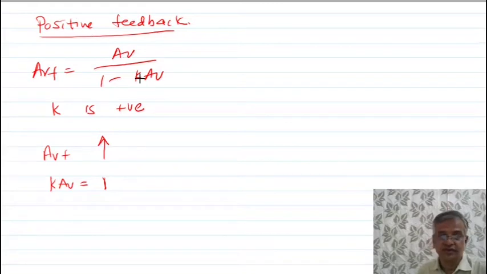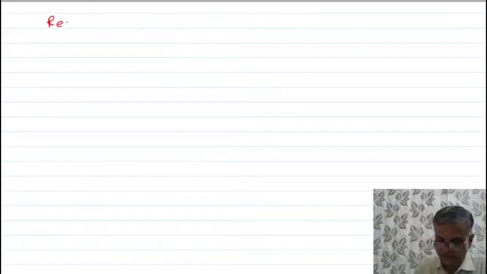So the circuit starts oscillating. An oscillator is designed by adjusting KAV equal to 1. That we will study in another chapter. Now let us discuss the reasons for negative feedback.